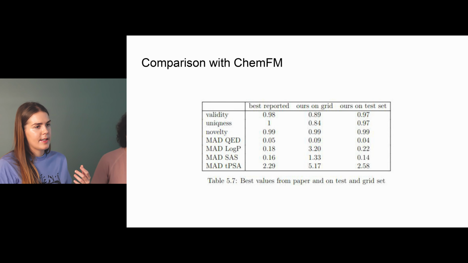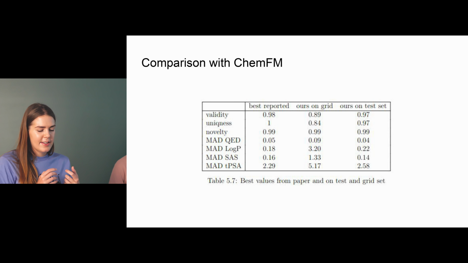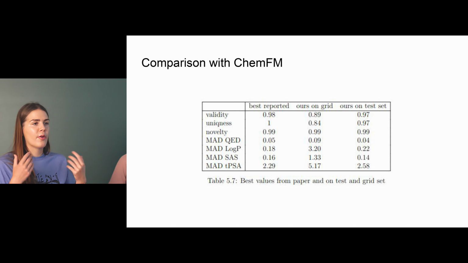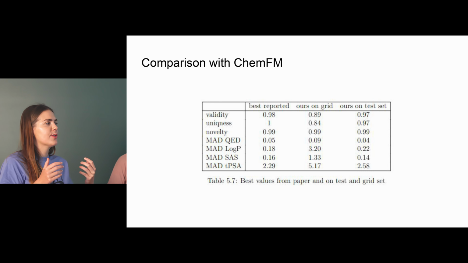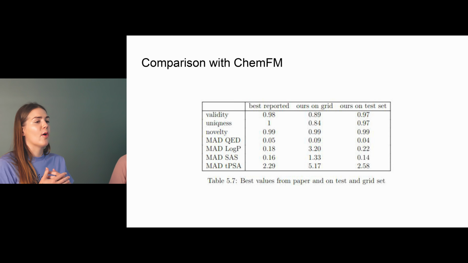Because the paper didn't contain too many results, we conducted the evaluation on our own as well, on our datasets. And small spoiler, basically our models are comparable to this model, but they are significantly smaller.